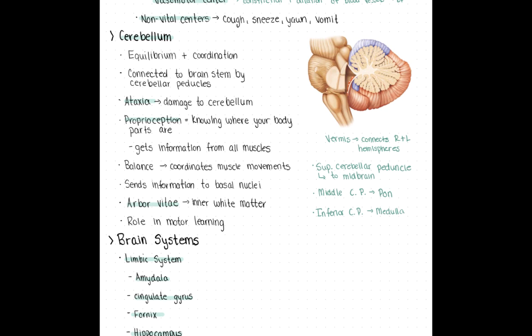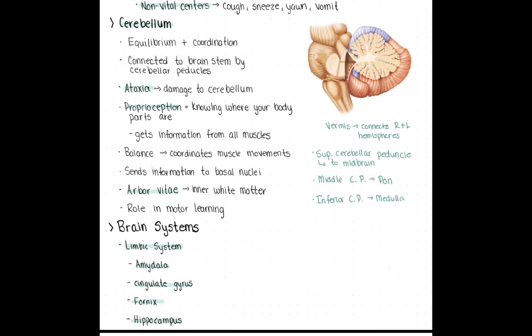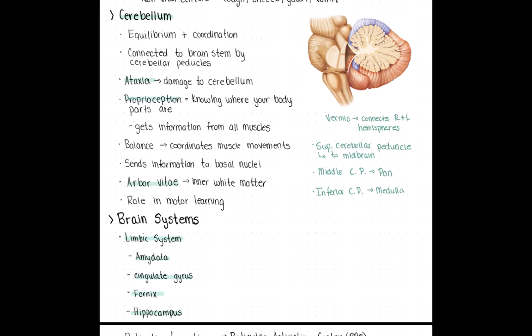Okay, we've talked about proprioception, balance and coordination. It helps to coordinate muscles, and it also helps to smooth muscle movement. It's really important for fine-tuning any movements before they're sent out to the actual muscles.